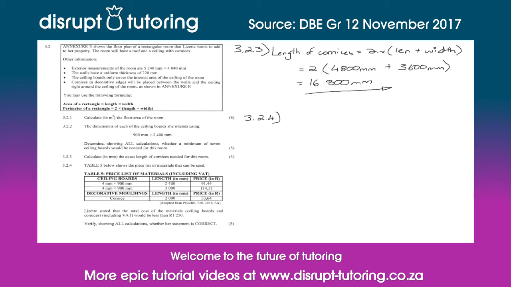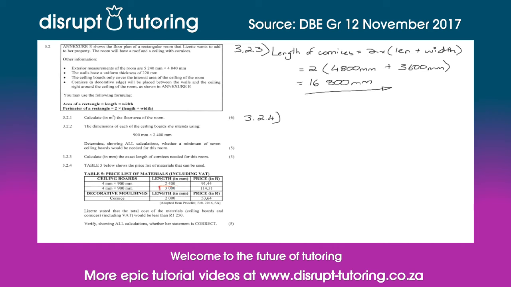So they've given us table 5, which shows the price list of materials that could be used. They've given us the ceiling boards price. So for the 900 millimeters, this 4 millimeters is the thickness, so we don't have to take that into account. It's the width is basically 900 millimeters, and then the length in millimeters is 2,400.